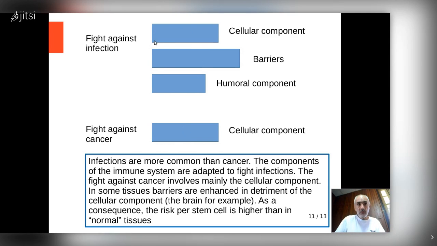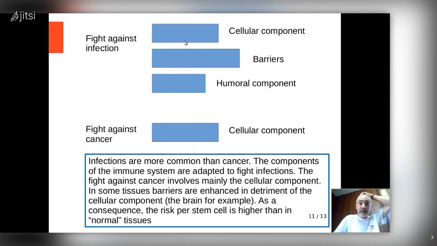Then, for example, in some tissues where the normal functioning prevents continuous fighting against infection, for example, you don't need continuous fighting against infection in the brain or in the germinal cells, barriers are enhanced and this component is somehow depressed or diminished.